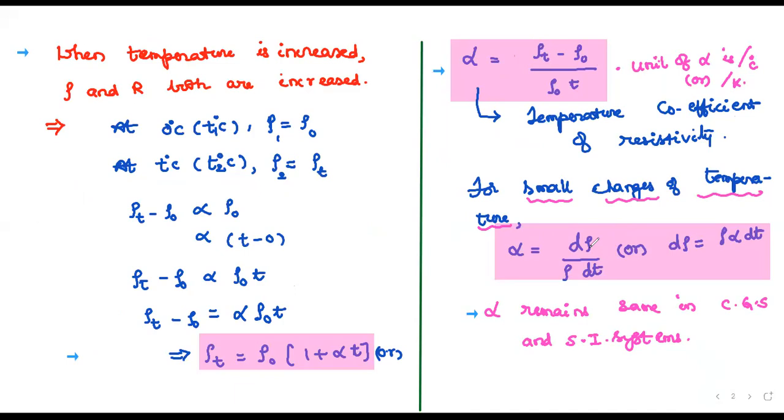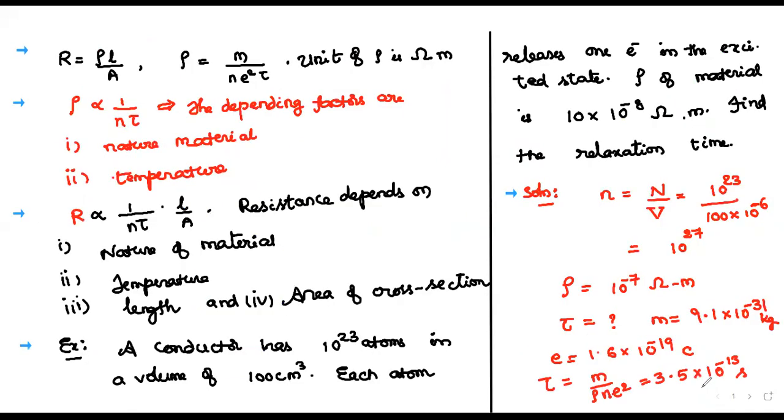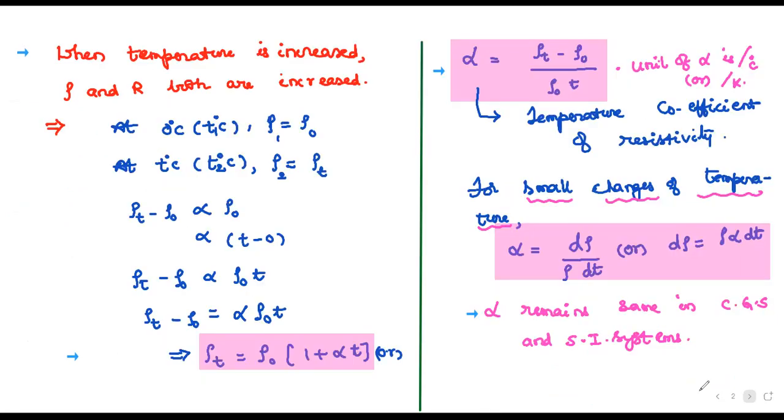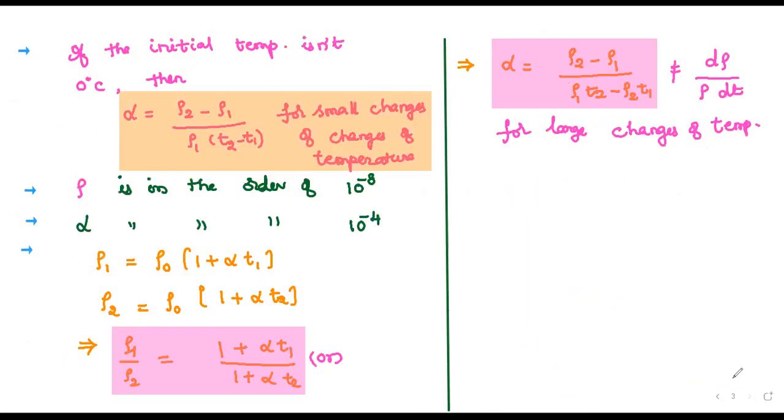Okay, and here according to the theory you already concluded, when the temperature is increased, the relaxation time decreases, resistivity increases. And all the time rho t is greater than rho naught.